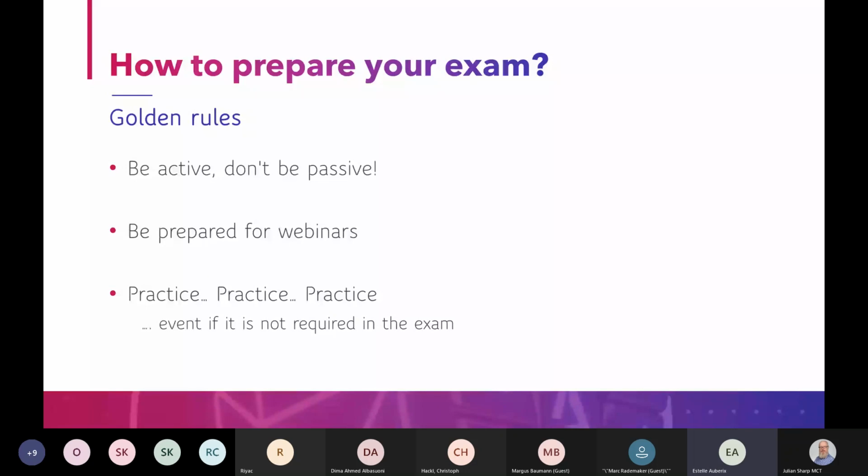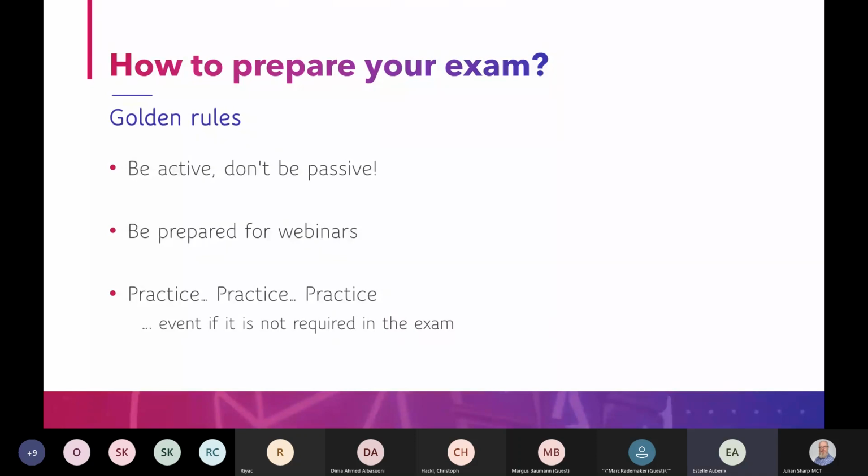So you prepare for your webinar. If you have time, for example, for the webinar about Dynamics fundamentals, do the learning path about Dynamics fundamentals. Even if you do the learning path quickly, you have some initial knowledge about it. So when you connect to the webinar, this is not new for you.